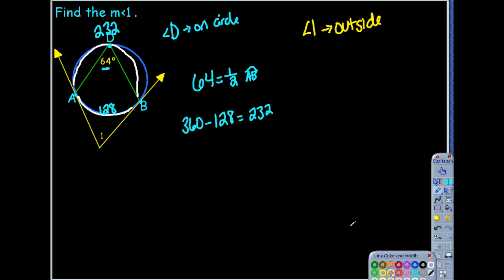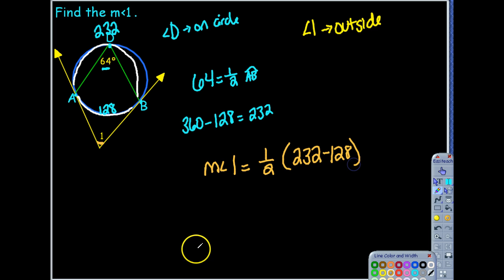All right, so now, do we have enough information to talk about angle 1? Angle 1 is half of the difference of the 2 arcs, and its 2 arcs are 232 minus 128. Notice how she did that. She really started with the information that we are given. That was the only thing given in this whole picture, and it allowed us to find 1 arc.